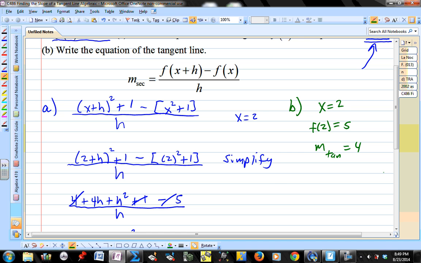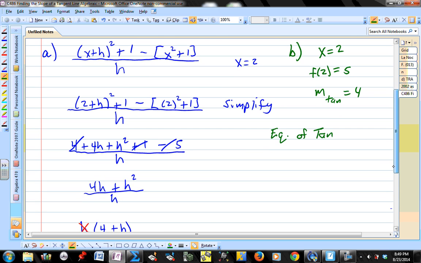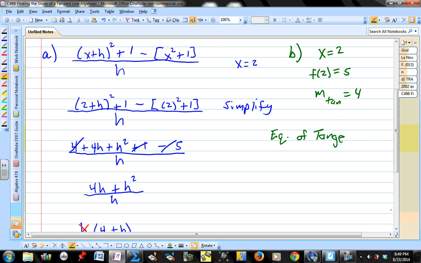So now let's write the equation using point-slope form. We have y minus 5 equals 4, the slope, times the quantity x minus 2. And there you have it. We've written the equation of the tangent line.